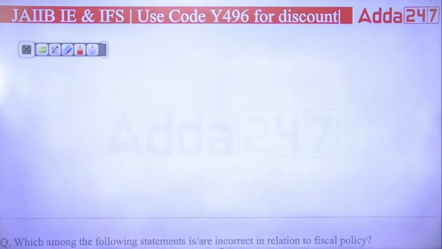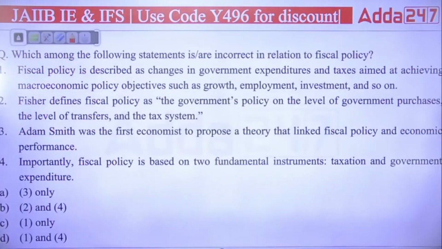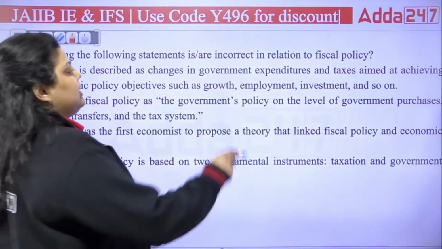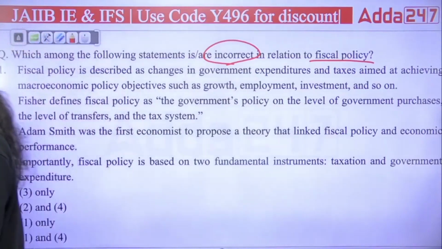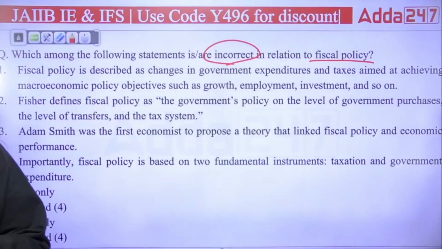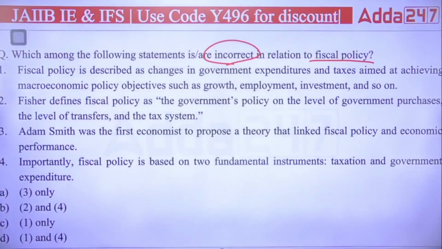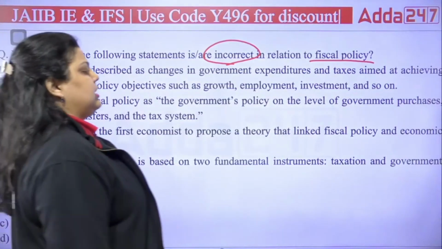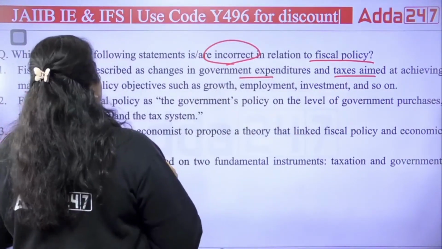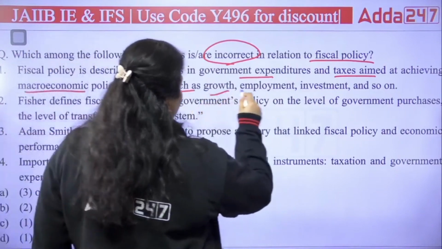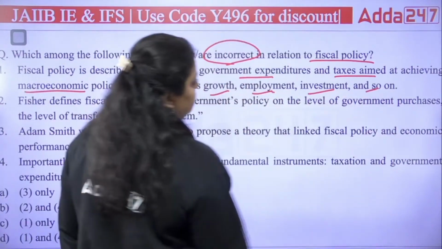Okay, next question. Which among the following statements are incorrect in relation to fiscal policy? The incorrect statement in relation to the fiscal policy. First, fiscal policy is described as changes in government expenditure and taxes aimed at achieving macroeconomic policy objectives such as growth, employment, investment and so on.